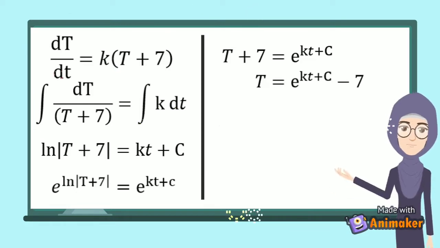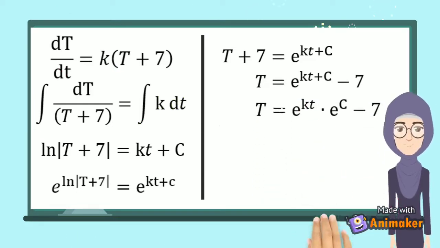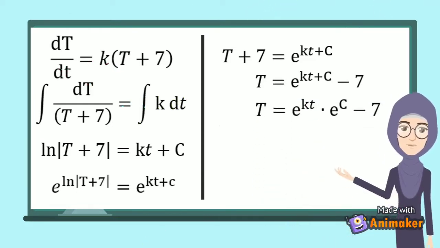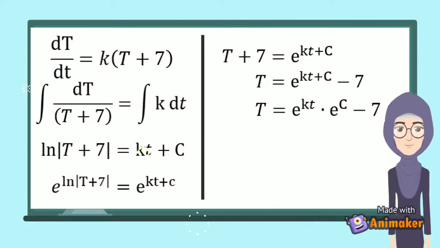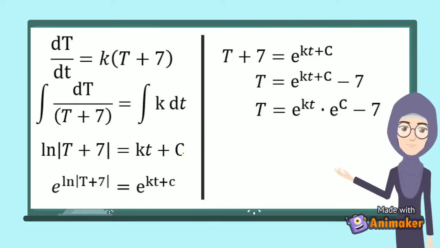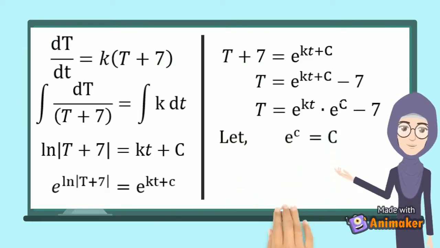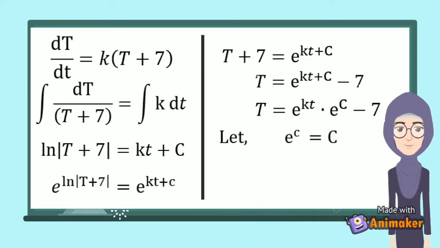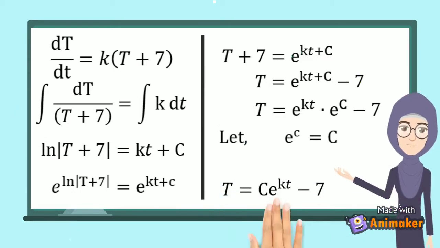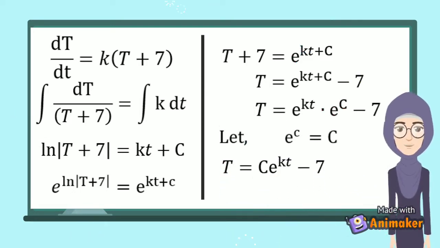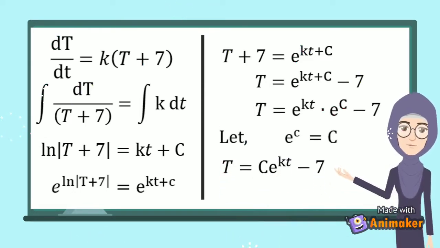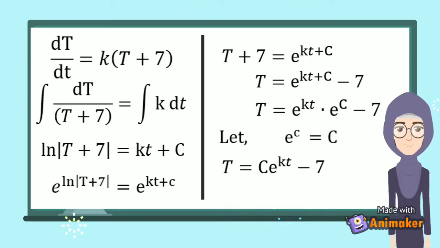We need to subtract 7 on both sides of the equation and apply the law of exponents. By doing that, we get T is equal to e to the power of kt times e to the power of c, minus 7. Note that e to the power of the constant c is equal to a new c. So we have T is equal to c times e to the power of kt, minus 7.